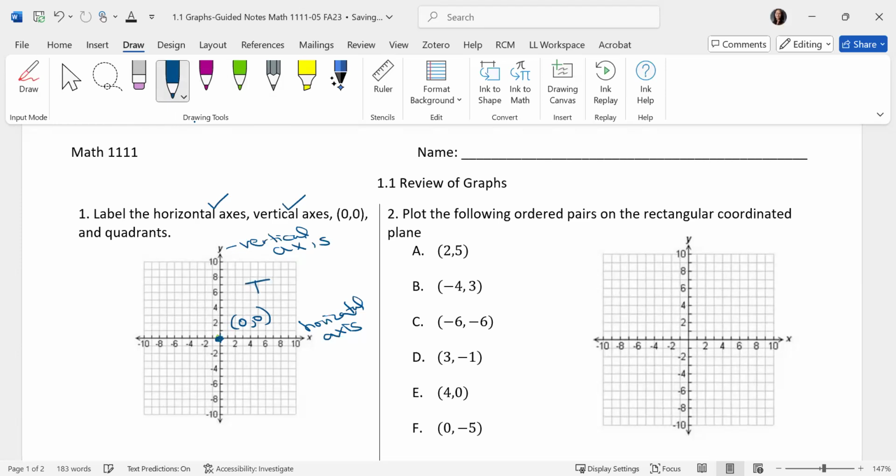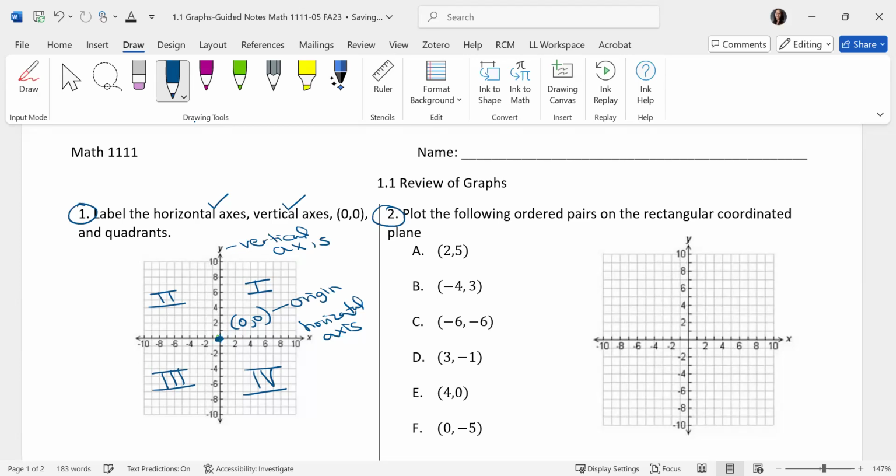We call this upper right hand corner the first quadrant, and then we go counterclockwise and label the upper left the second quadrant, and then we have the third quadrant, and then we have the fourth quadrant. Forgot to note that we also call 0, 0 sometimes the origin. Okay, so we're done with 1.